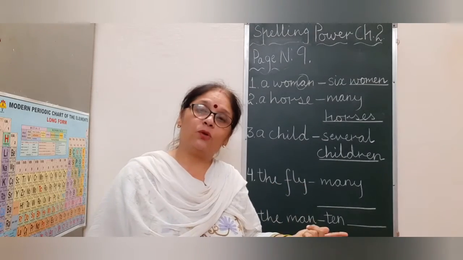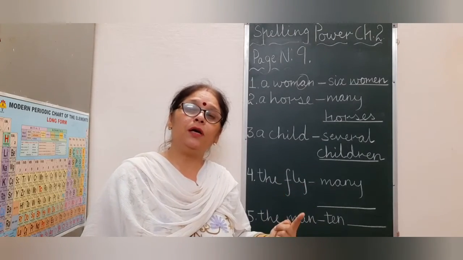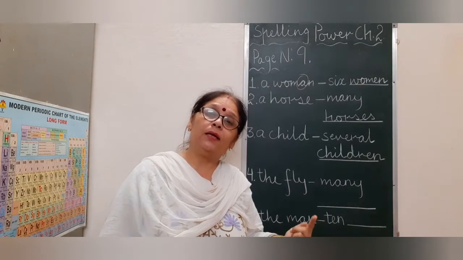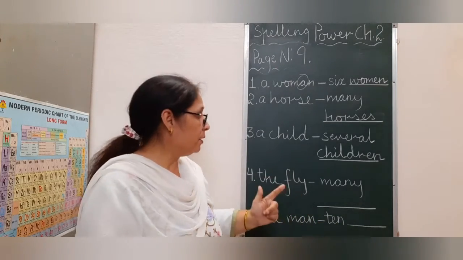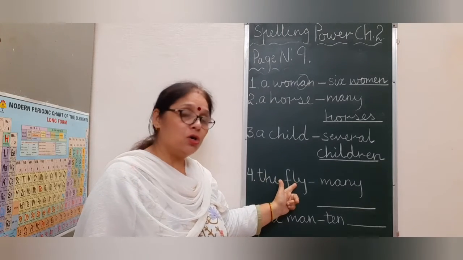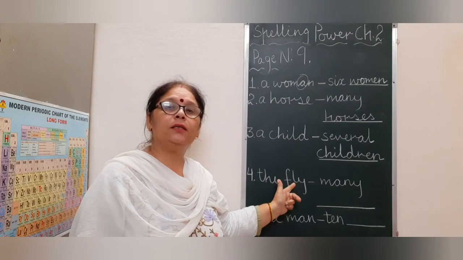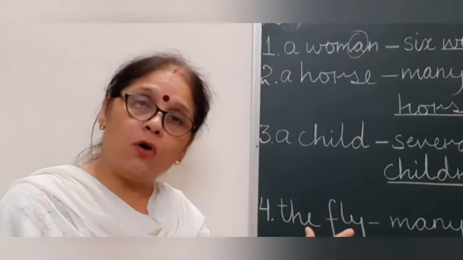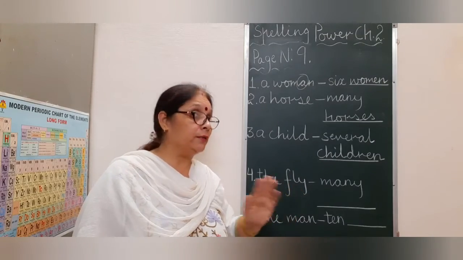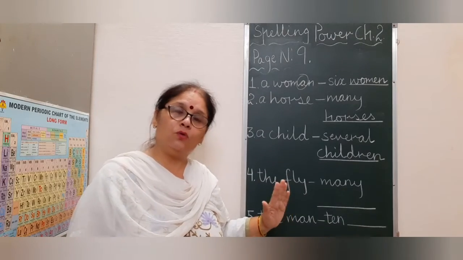आपको मैंने अभी एक रूल ये भी बताया था कि when we are having y at the last, then what do we do? If there is consonant before y, then y will be dropped. If there is vowel before the y, it will not be removed.